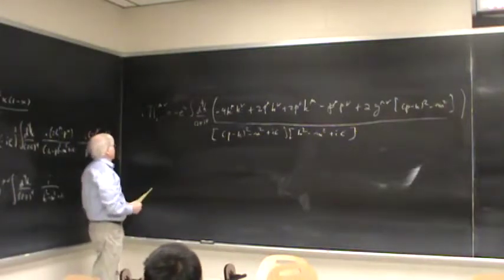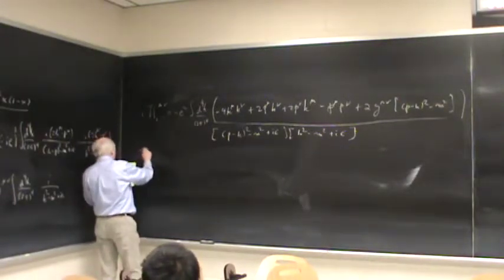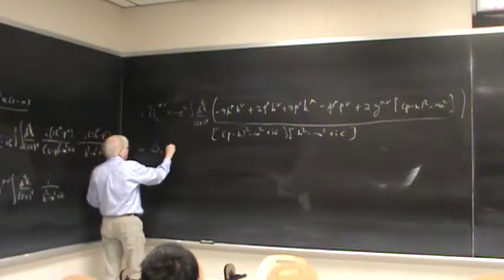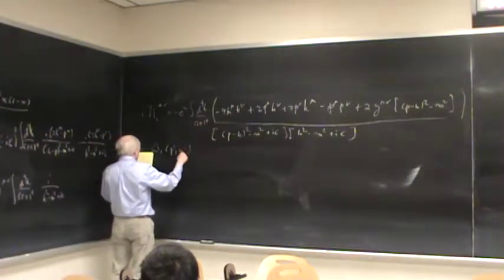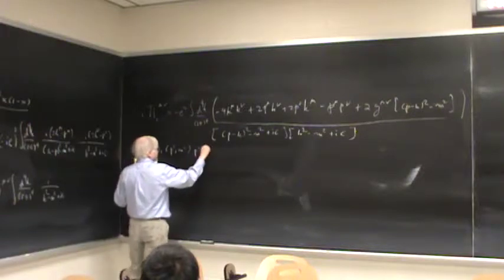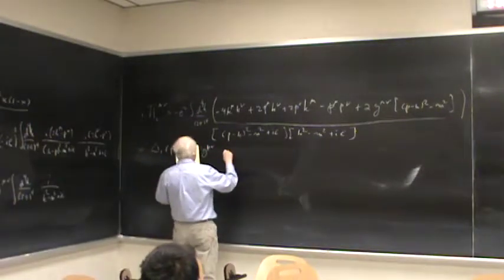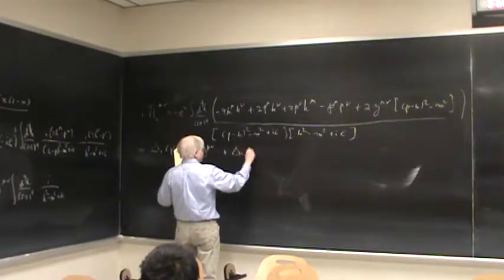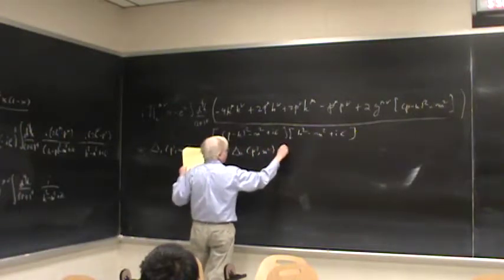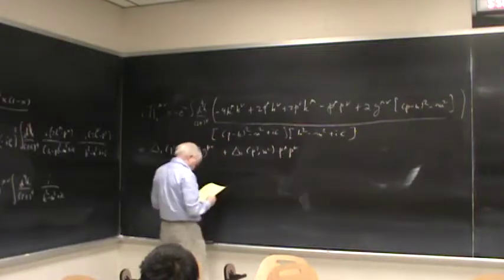All right, well, what we know from Lorentz invariance is that this has to be delta 1 of p squared and m squared, p squared g mu nu, plus delta 2 of p squared and m squared, p mu p nu.